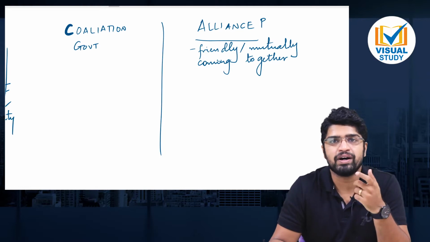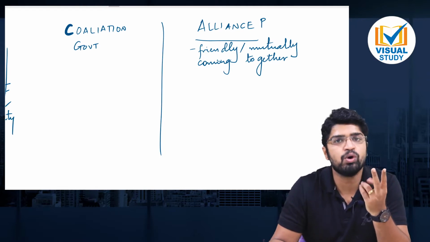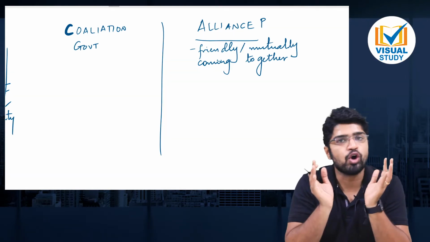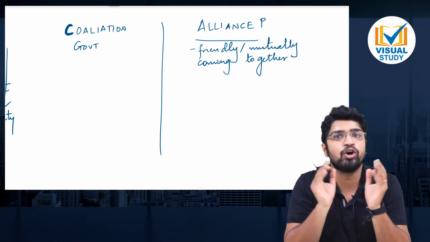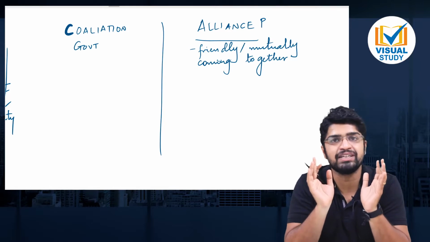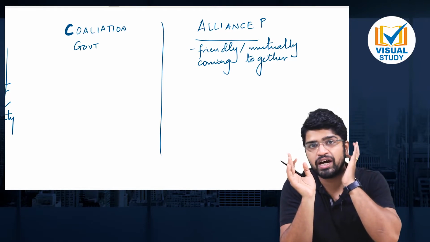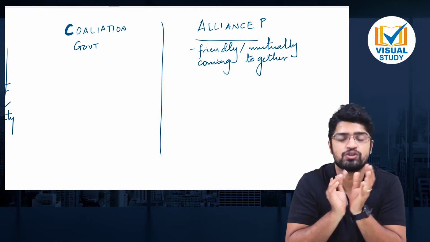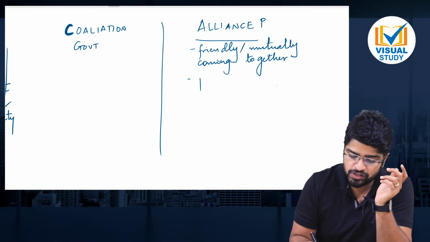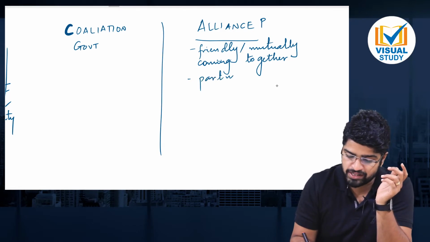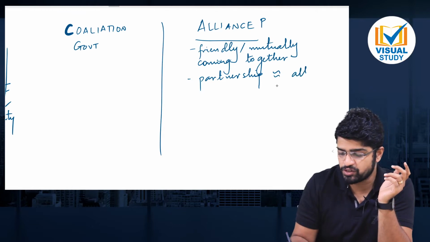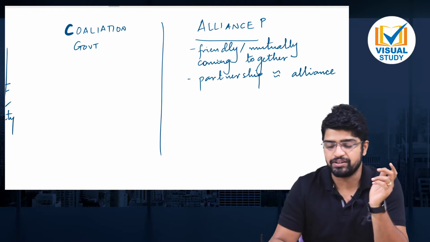When two or more parties, minimum two parties, have come together for a common objective, a common goal, a common perspective to be achieved, a common target to be achieved, and all are trying to mutually come together, they form their own partnership, and this partnership is called an alliance. Clear, everybody?